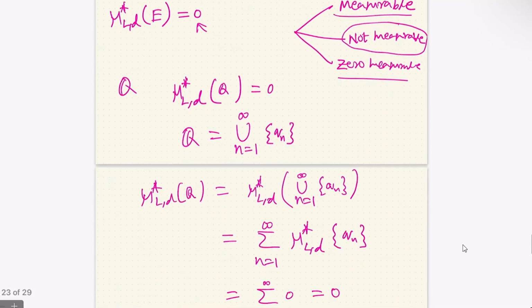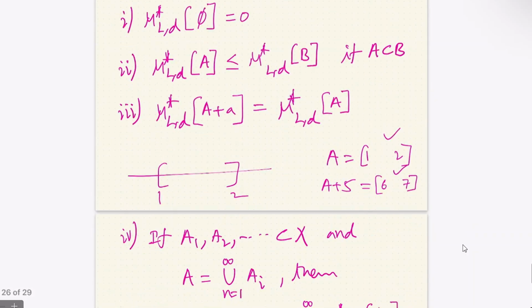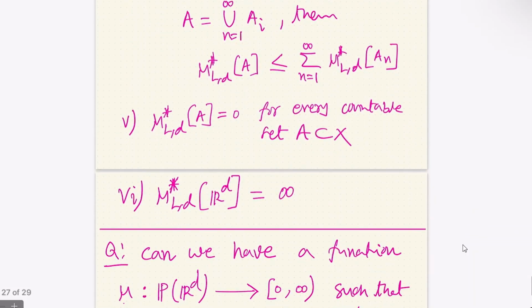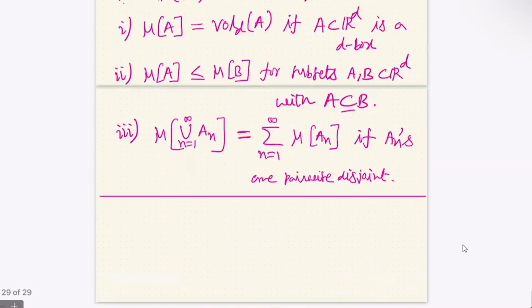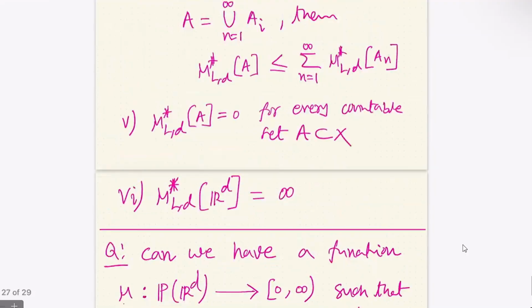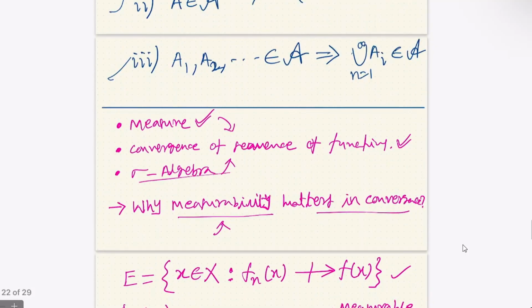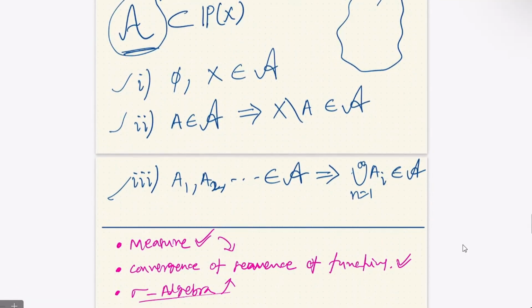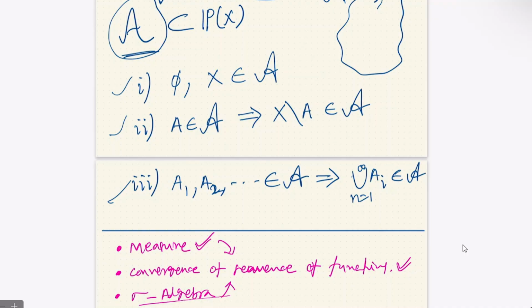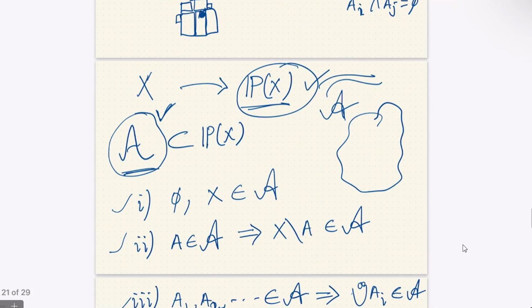Okay, so I hope I will share this one so that you have a good look at all these things. For further reading, I don't have any concrete textbook on this subject.